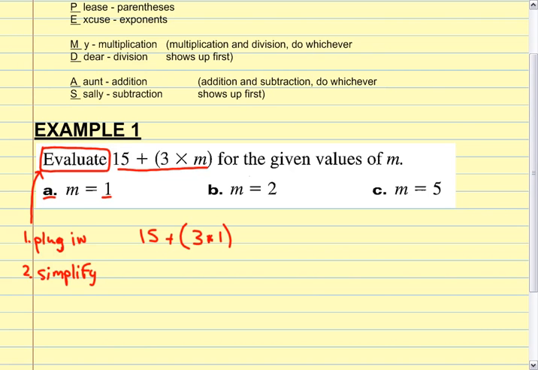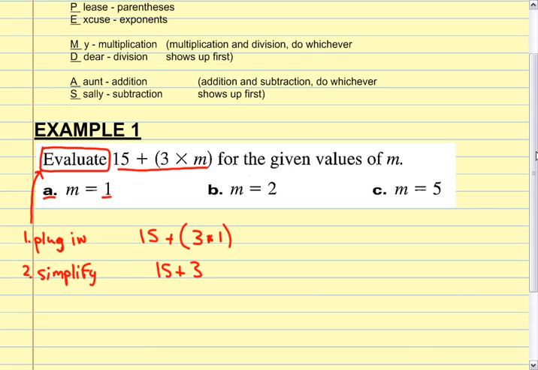Beautiful. All right. What do I do first, Allie? Should I add 15 and 3? No. I'm going to do what's in the parentheses first. And what's in the parentheses, Allie? 3 times 1. So now I'm going to get 15 plus, what is 3 times 1? 3. And I'm going to write it just like that. Moreau, what do I do next?